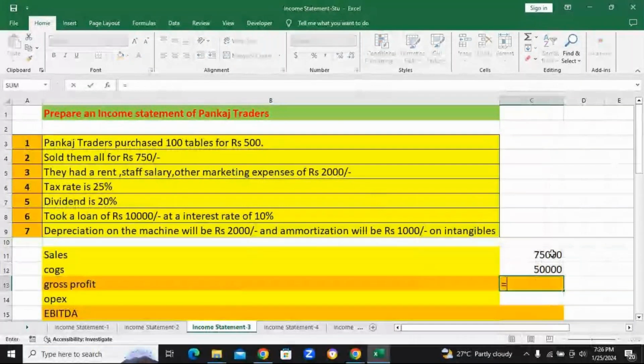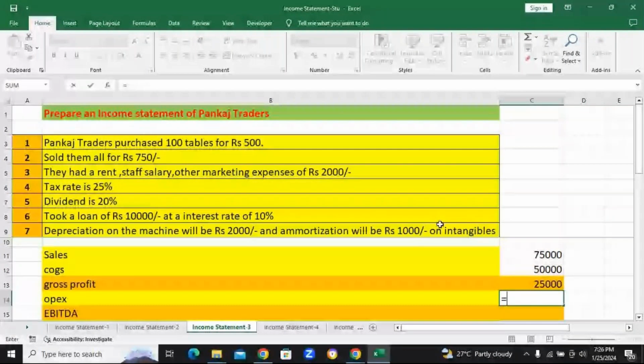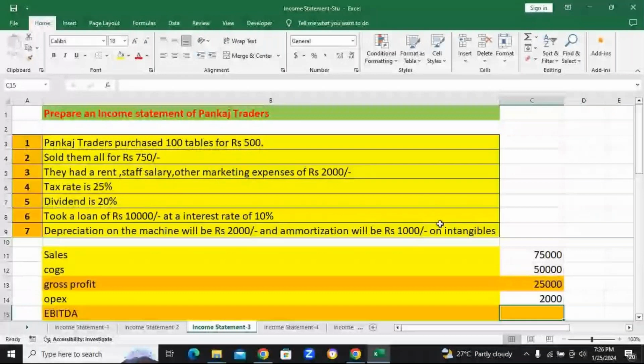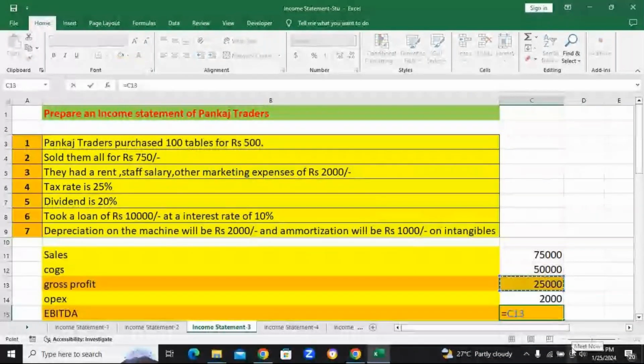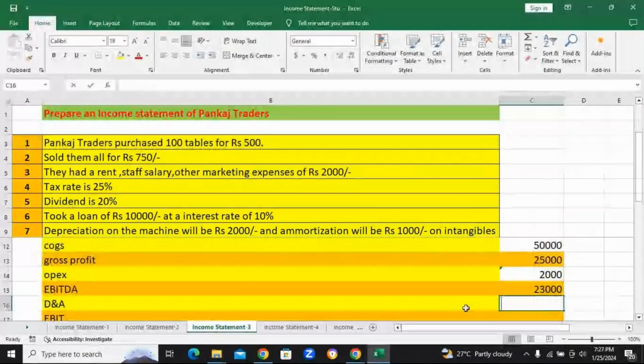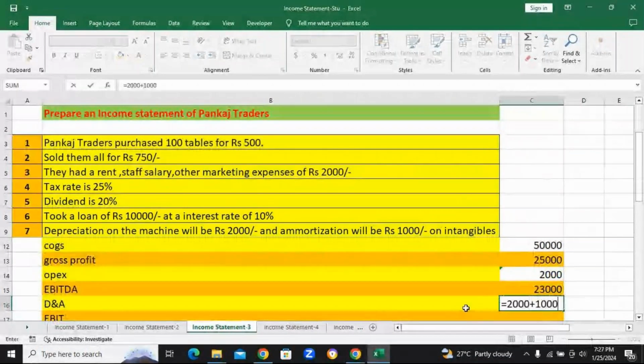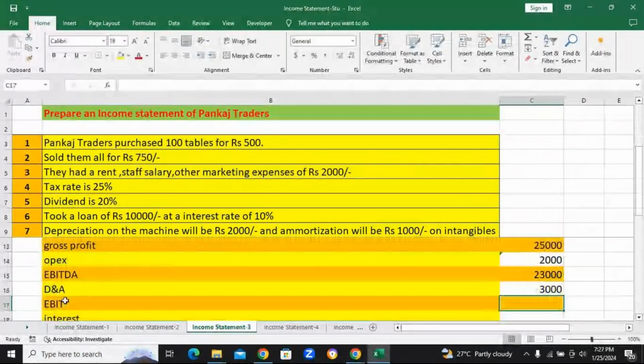So operating expenses they are telling 2000 rupees. EBITDA equals 25,000 minus 2000. So depreciation and amortization equals 2000 plus 1000, 3000. So earnings before interest and tax, EBIT, that is 23,000 minus 3000, 20,000.